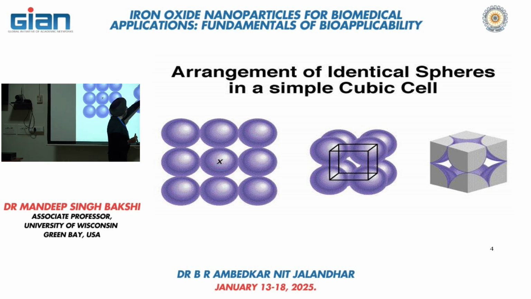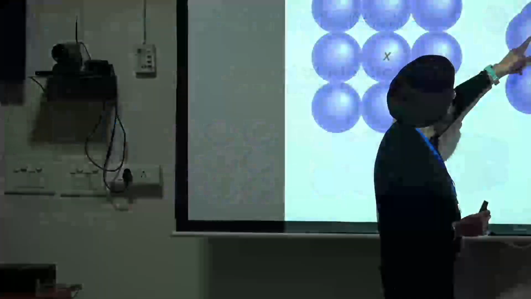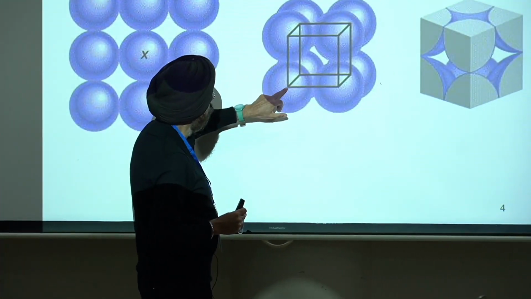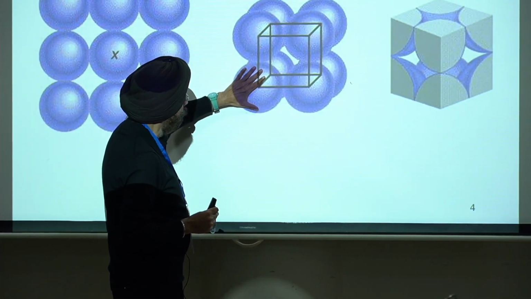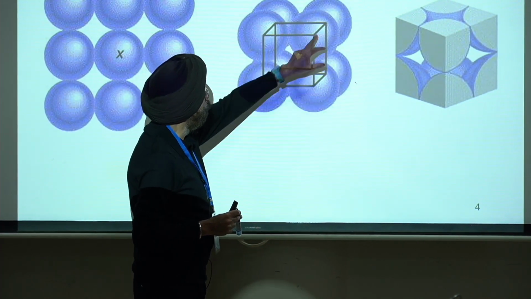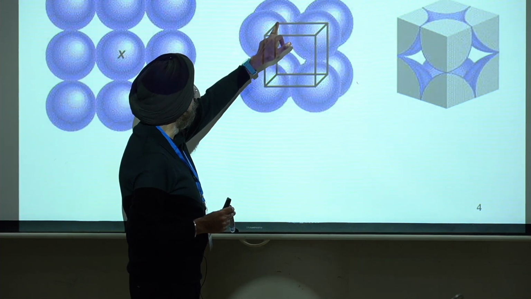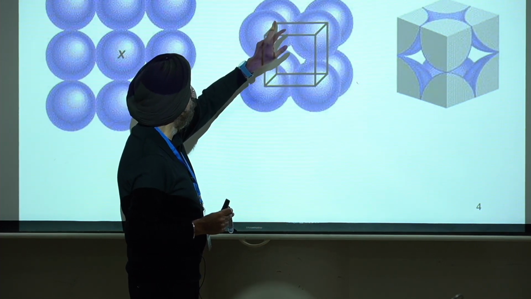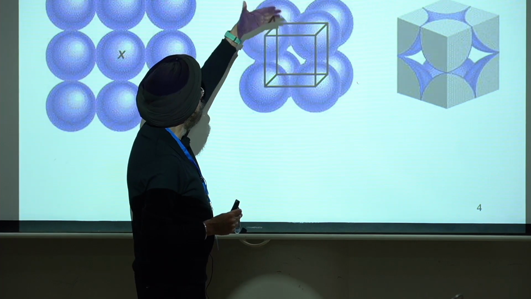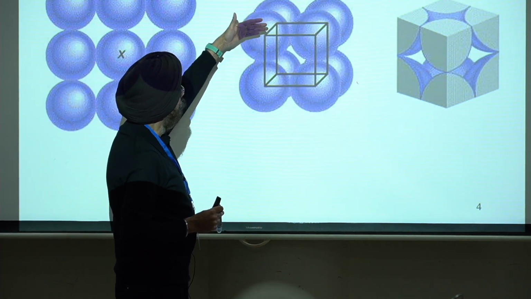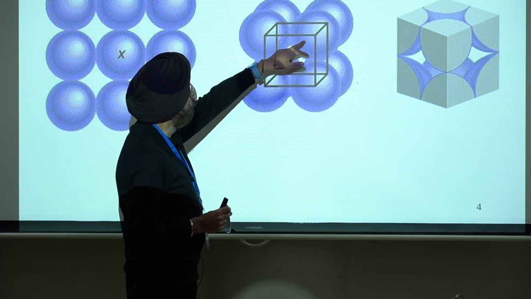If you pick 8 atoms, 4 from the upper layer and 4 from the lower layer, concentrate on the center of each atom. This is the center of this atom, this is the center of this lower front atom, and these are the corners, meaning the points which represent the centers of the atoms behind these two atoms.